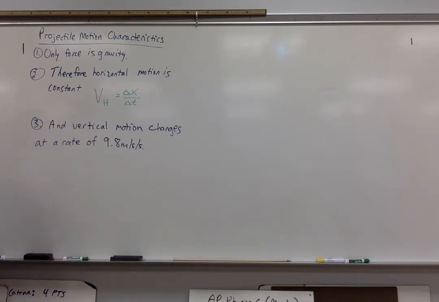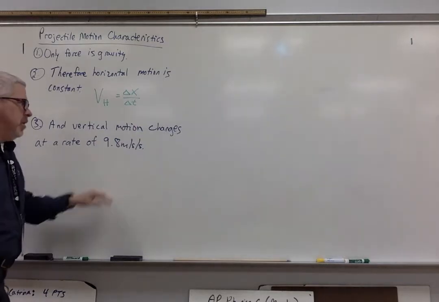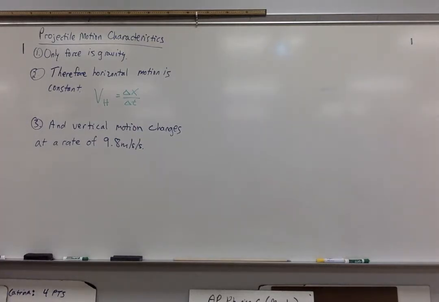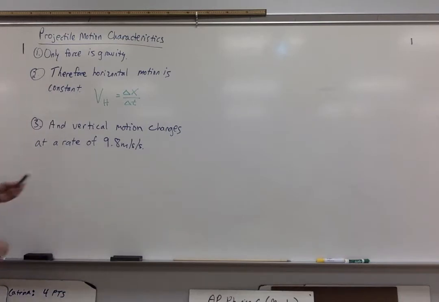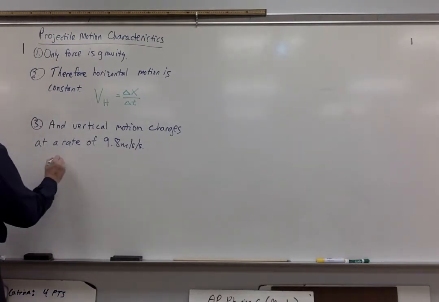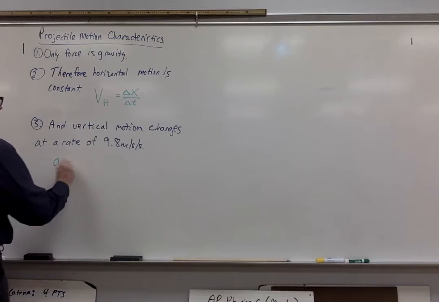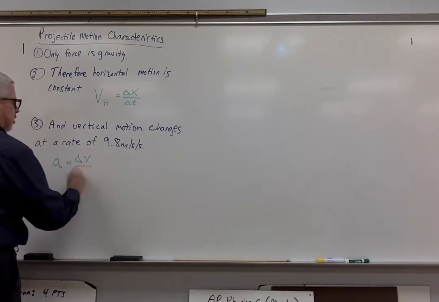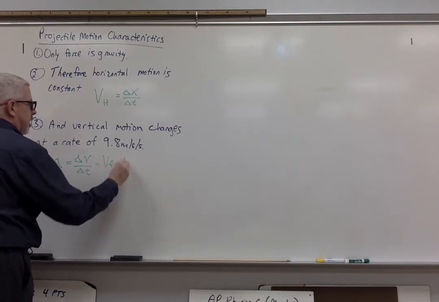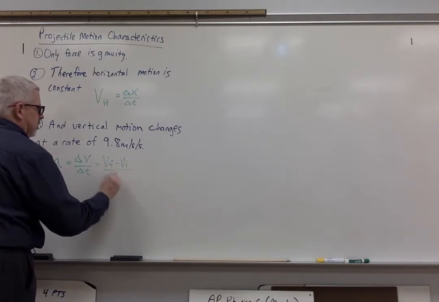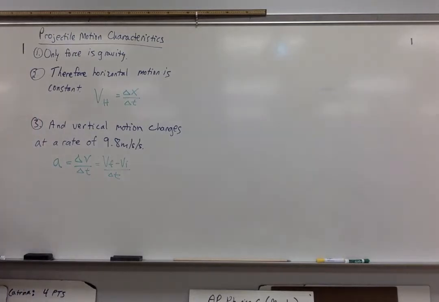We also have the implication that with vertical motion, since there is gravity and it always acts down, the vertical motion changes at a rate of 9.8 or 10 meters per second squared. So therefore, the other linear motion equations that we have could be used here. For example, we know that acceleration is equal to change in velocity over change in time, Vf minus Vi over delta t, and there's a couple other rearrangements of that.